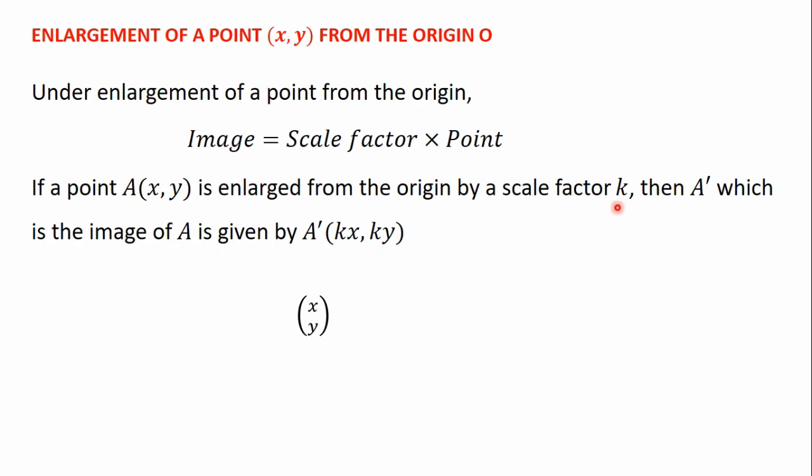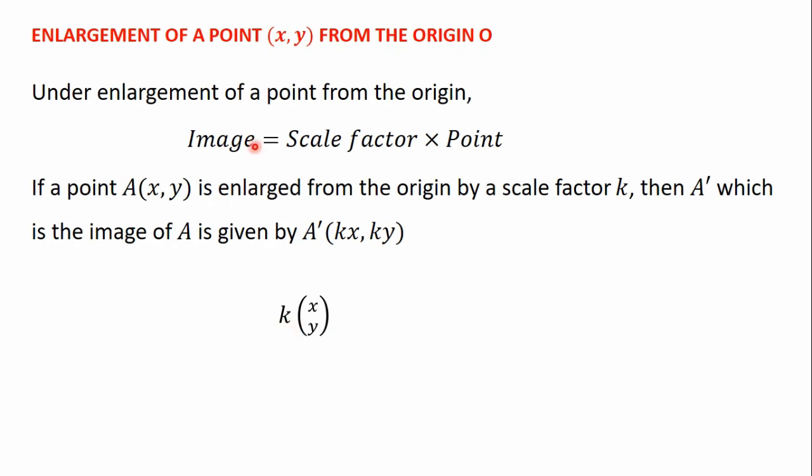As I've said, the scale factor can be positive, it can be negative, it can be a fraction, it can be a whole number. So if you use that scale factor k to enlarge the point (x, y) from the origin, to get the image of A, which is A prime, you will multiply (x, y), which is the point, by the scale factor.